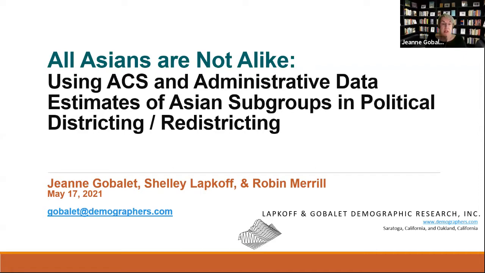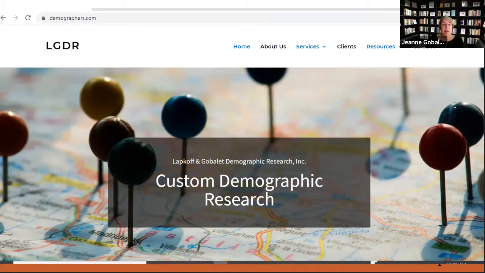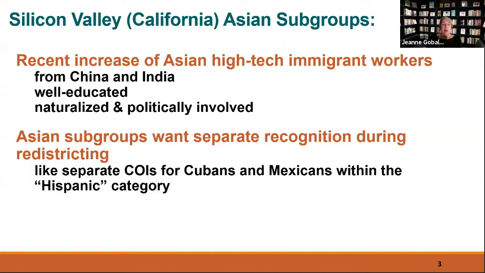My business partner, Shelley Lapkoff, and our GIS assistant, Robin Merrill, all contributed to this research and to this paper presentation. Here's our website landing page in case you wanted to check us out. We, in this part of the United States, are in Silicon Valley.